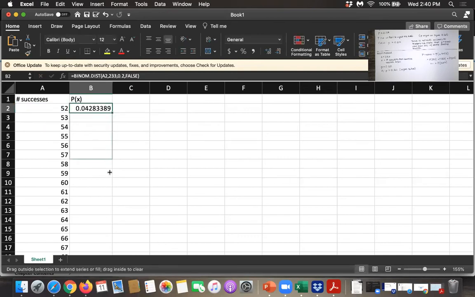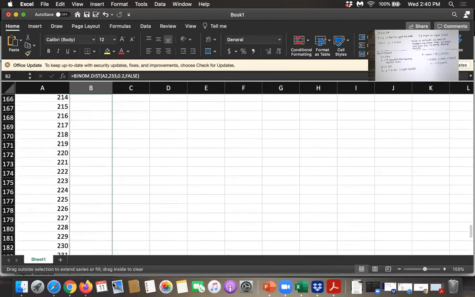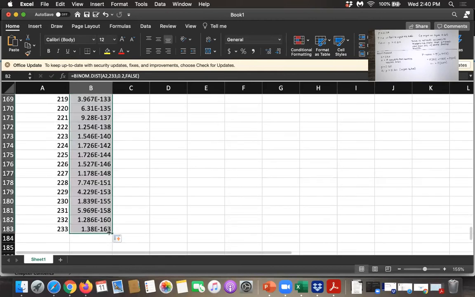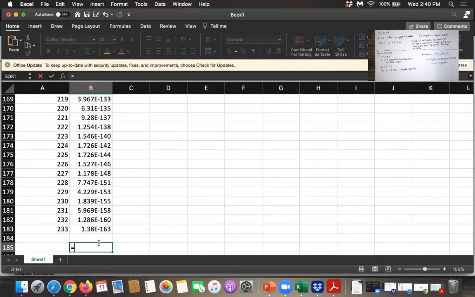Then drag and drop all the way to 233. Look at that, the probability of 233 successes out of 233 trials is 1.38 times 10 to the negative 163. That is a tiny, tiny, tiny probability, but Excel had no problem handling it.